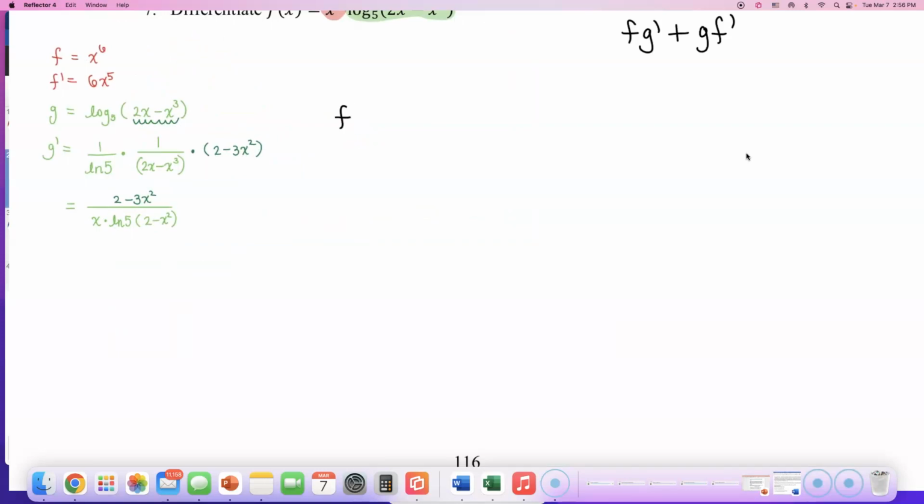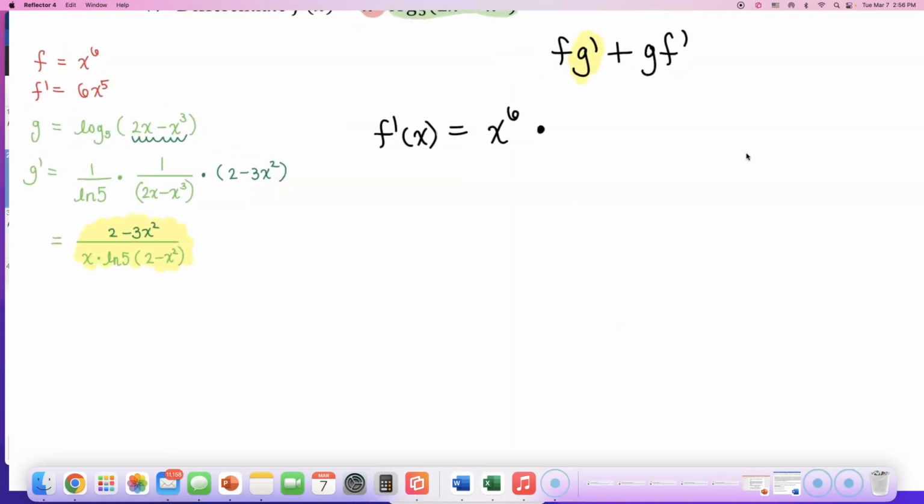So here's our f prime of x. You start with f first. What's f? X to the 6th. So you write down x to the 6th power is getting multiplied by g prime. What is g prime? That whole fraction. I'll write that down.